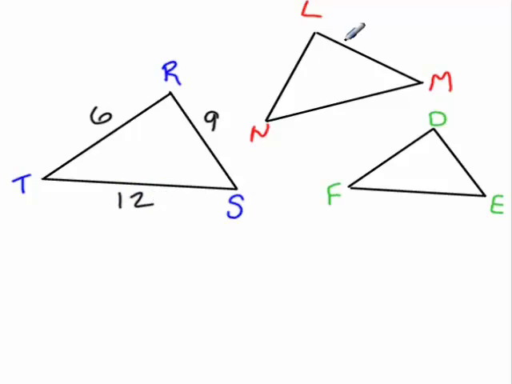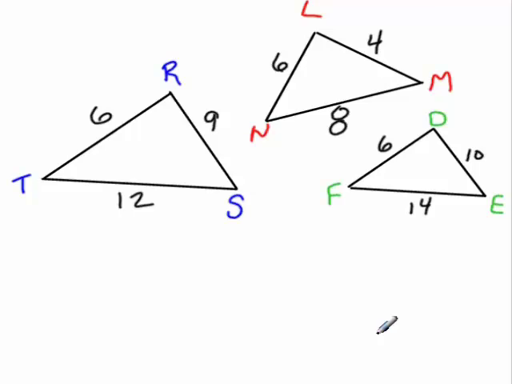Here we have side lengths of 4, 6, and 8. And lastly, we have 6, 10, and 14. Of course, we always have the disclaimer: they're not drawn to scale. We know that. So we want to check for proportionality.